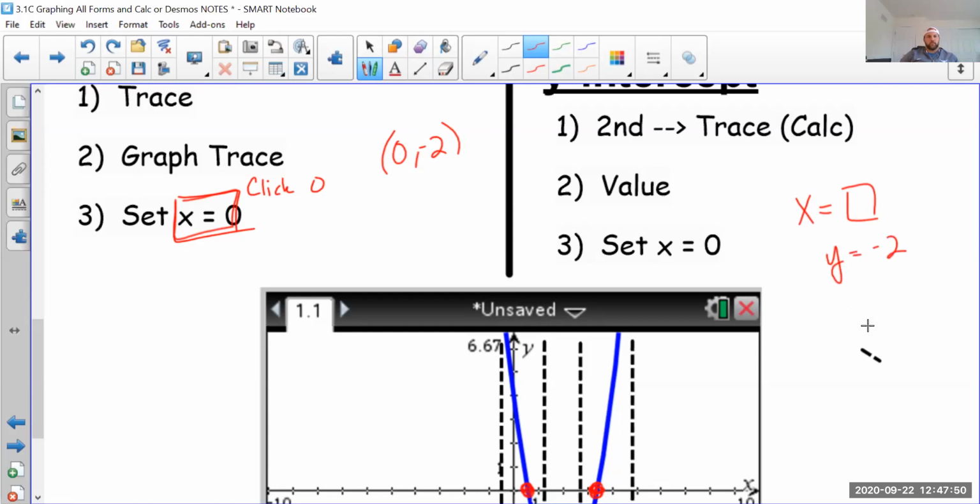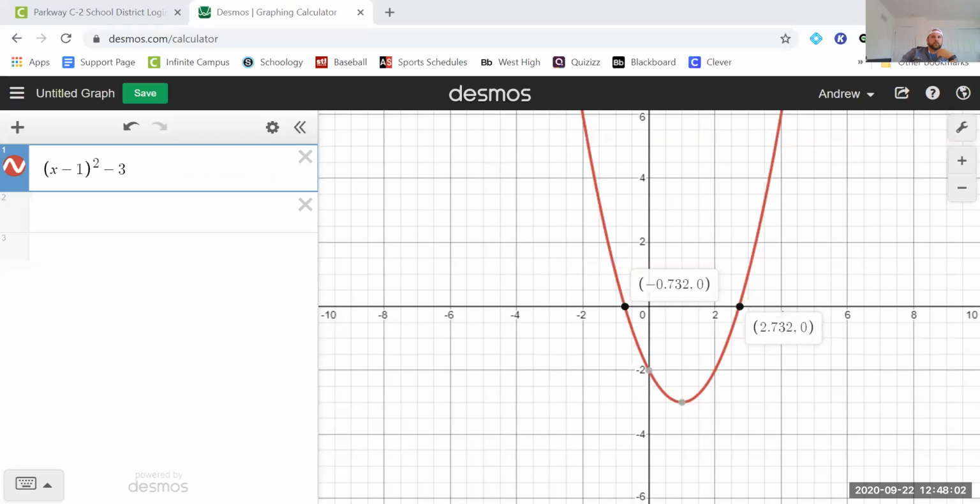That's your y-intercept. That one should be pretty easy. And finally, Desmos, like we've been saying, is the easiest one. With Desmos, you literally just click your graph, and right there, it gives you the y-intercept.